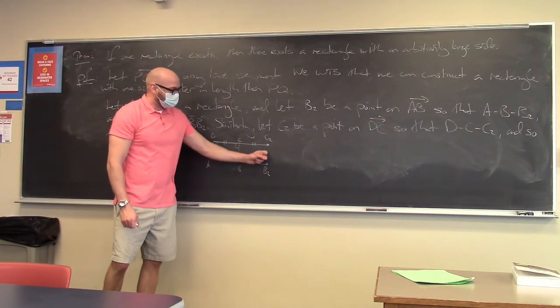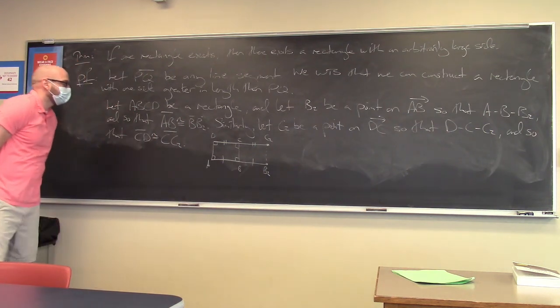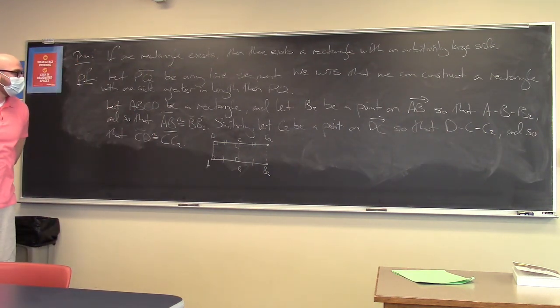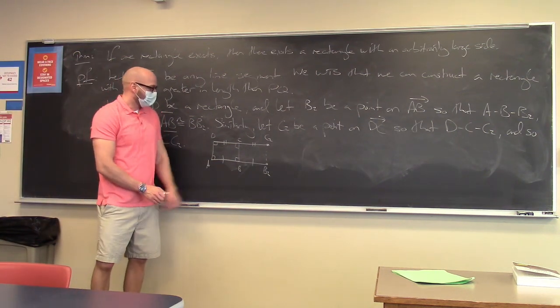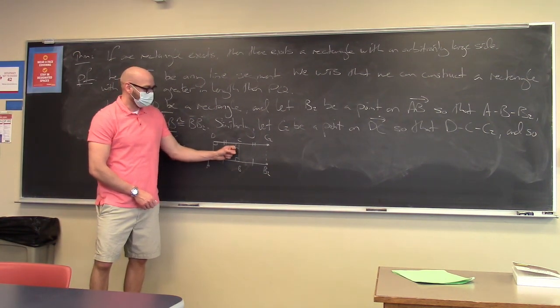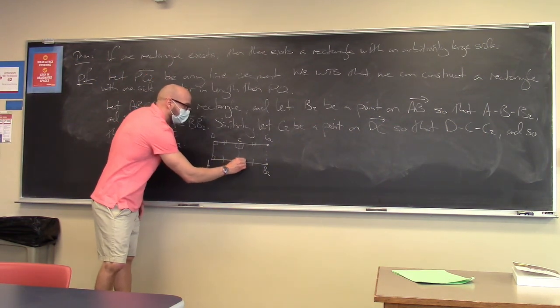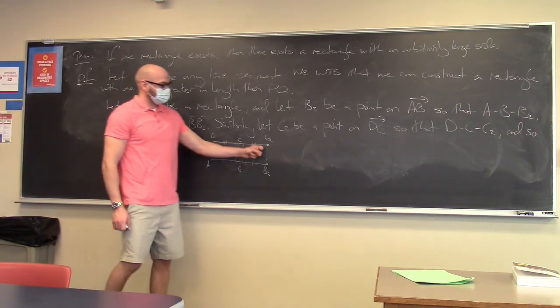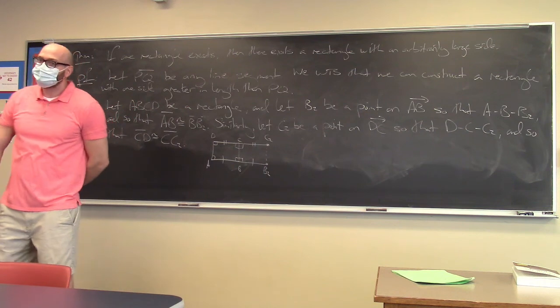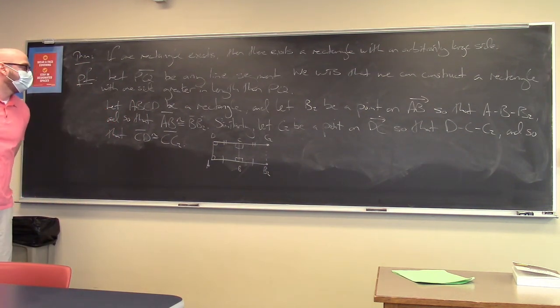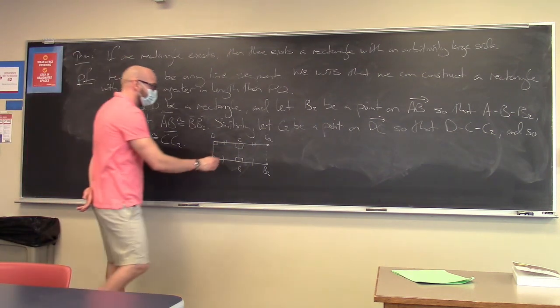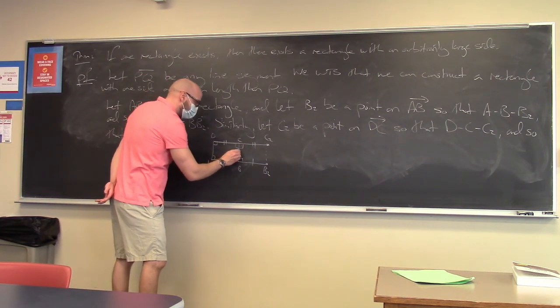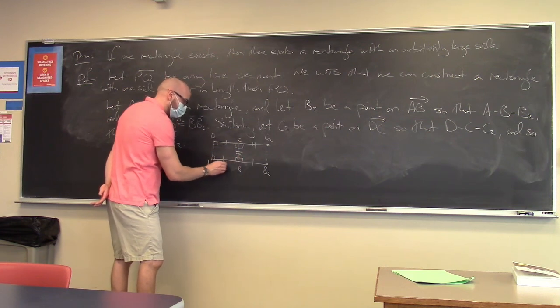What I want to claim is that these are still right angles. How do I establish that? Well, these are supplementary angles here. This one's 90, so this has to be 90. That one's 90, so that has to be 90. How do I show that these are right angles? Yeah, SAS. I've got two quadrilaterals, side, angle, side, angle, side.